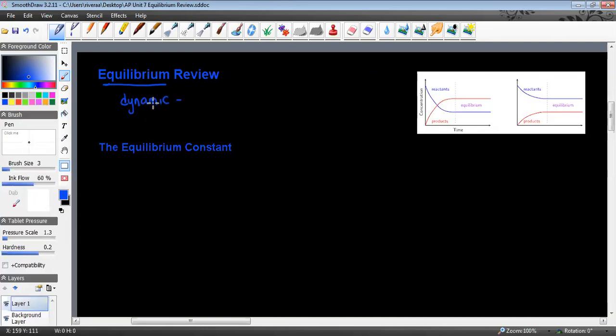And so really what I'm trying to write here is a definition of dynamic equilibrium. And that is when the rate of the forward reaction equals the rate of the reverse reaction.